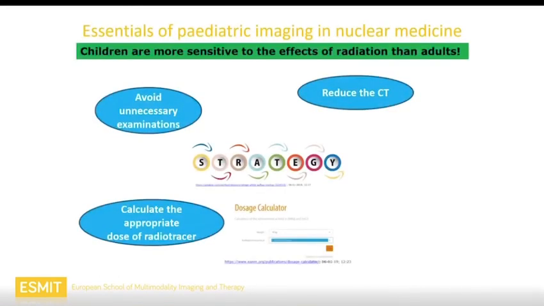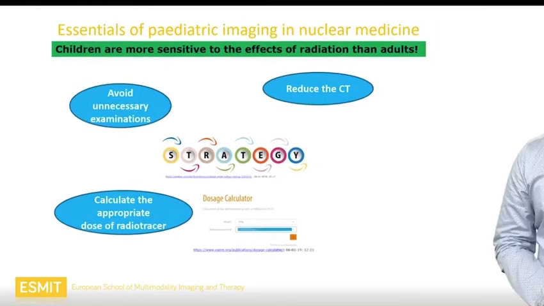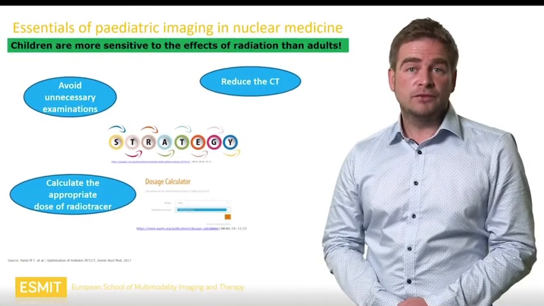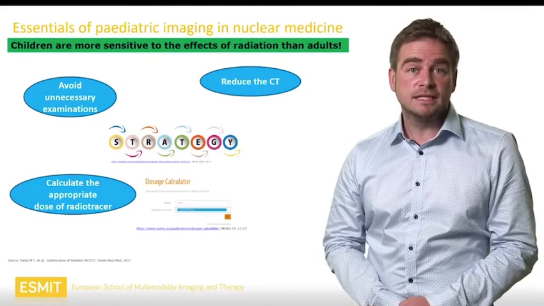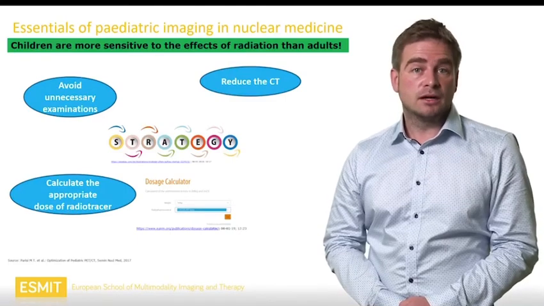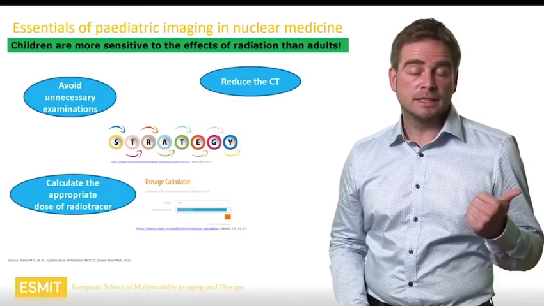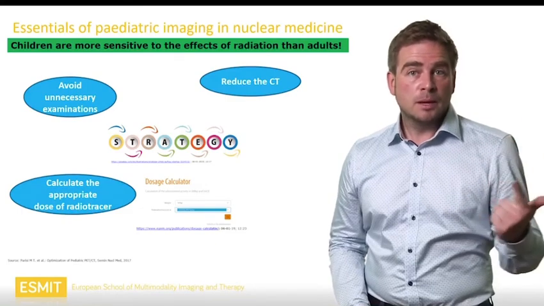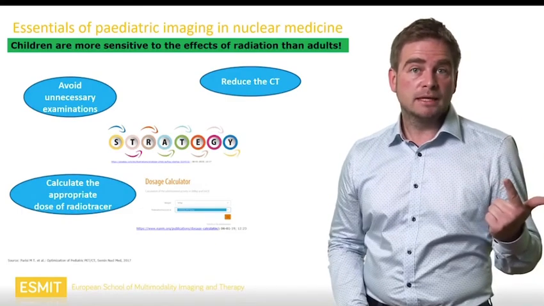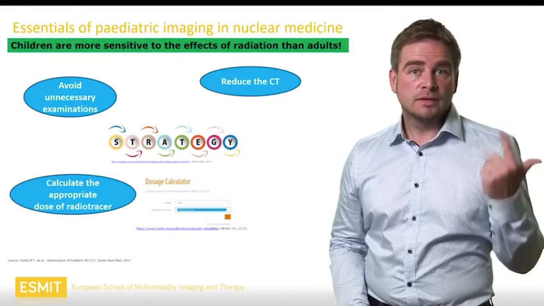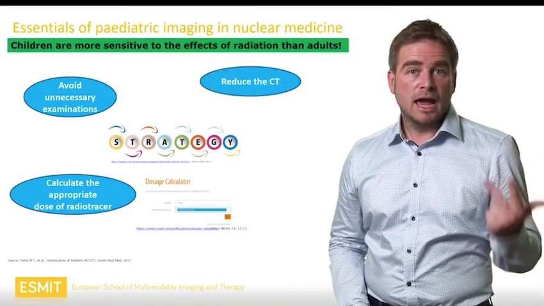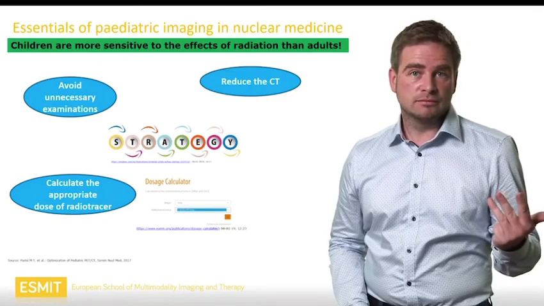Third, reduce CT dose. Keep in mind that 4 main factors affect the CT dose. These are tube current time product, or milliampere second, beam energy, or peak kilovoltage, helical pitch, and axial collimation.